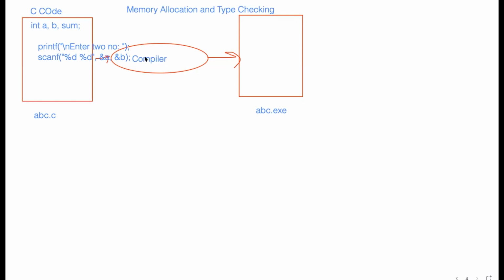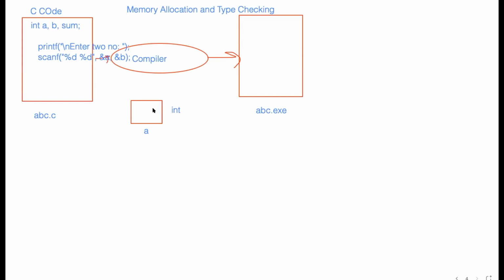So the compiler checks if it is integer, and it will take a memory location in the RAM, give it the name A, and specify that it is going to be integer type only. It means only integer data can be stored.